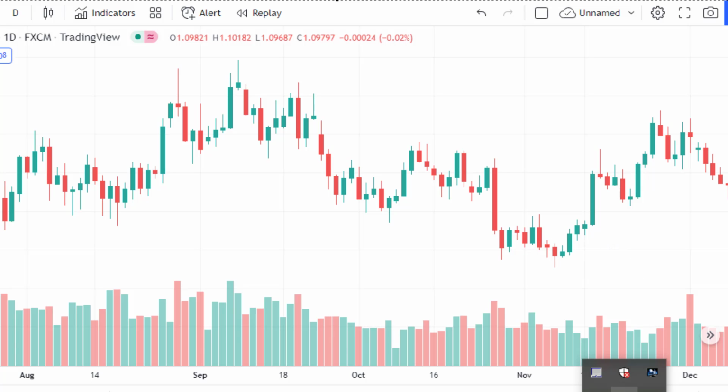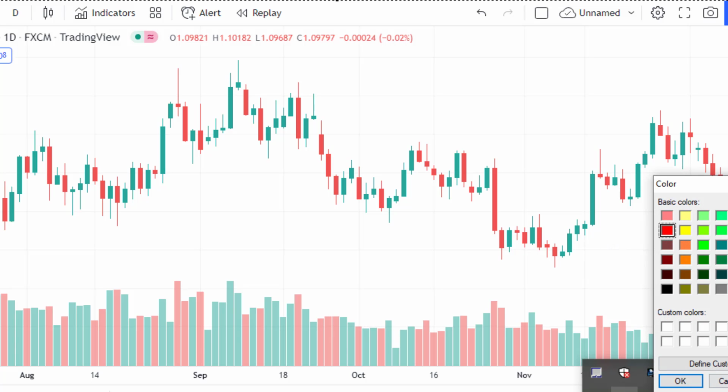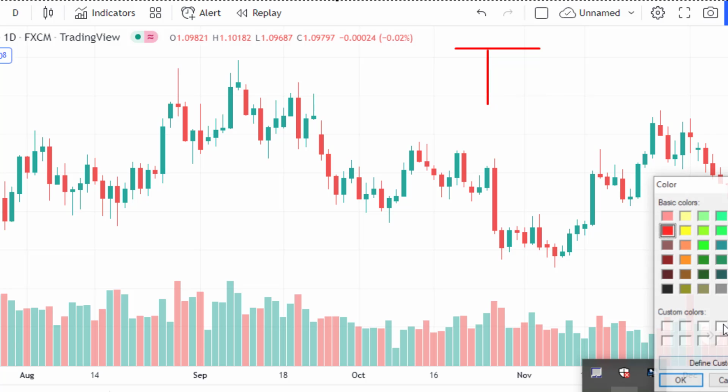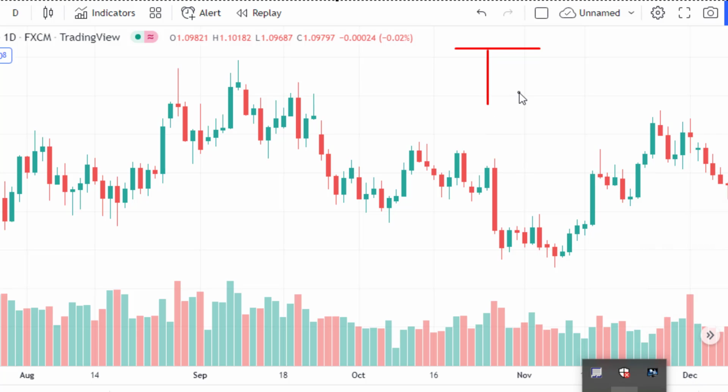Okay, so we always have to remember one thing: when the market starts falling down very strongly from a seller's entry point area, that is the first wave from this level here. Now we have to observe the behavior of the buyers.